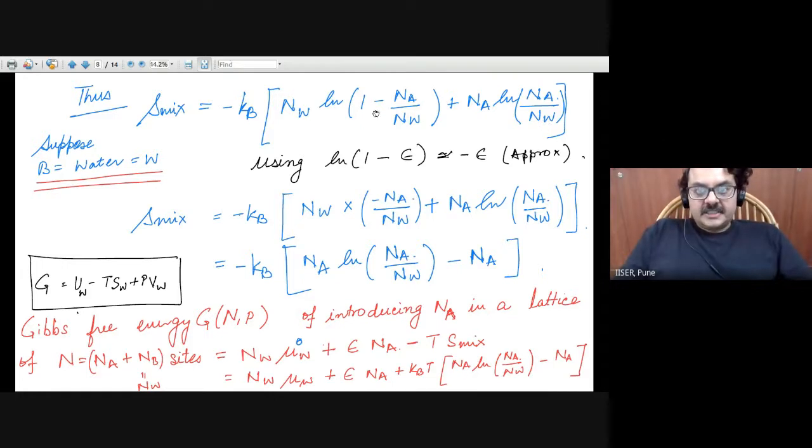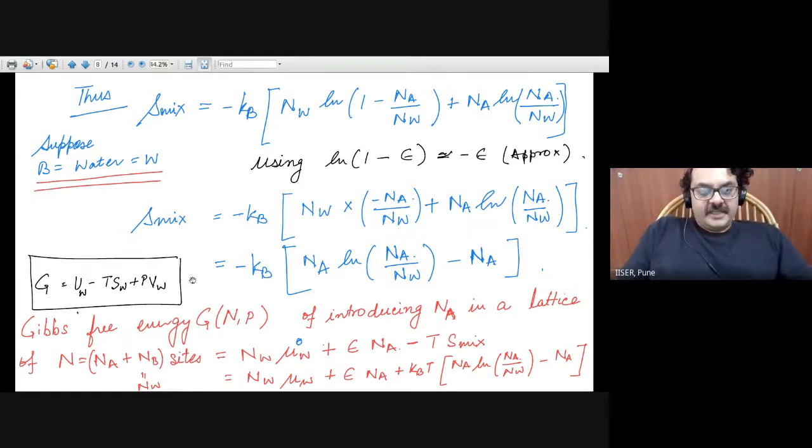Now here we are going to use one more approximation, ln of 1 minus epsilon, and why we are using this, you'll just get to know. We are going to derive Van 't Hoff's law. This can be written simply as minus epsilon. If you invoke this, then ln of 1 minus Na by Nw becomes minus Na by Nw.